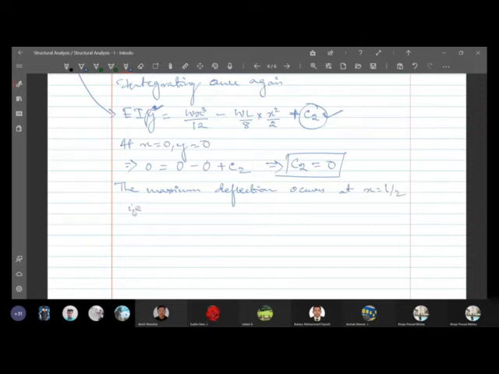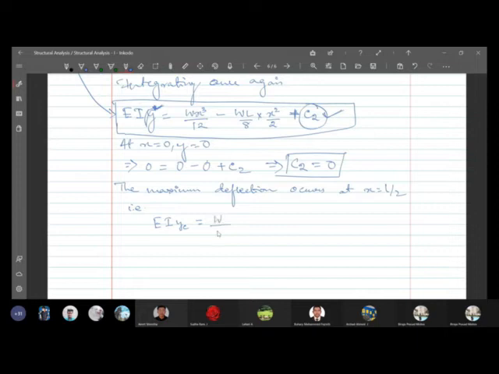If that is the case, EI into y, I can say y at center, YC, equals, I need to put x equals L by 2 in this equation.